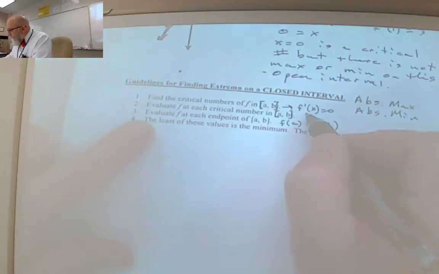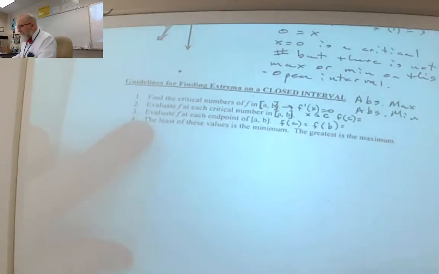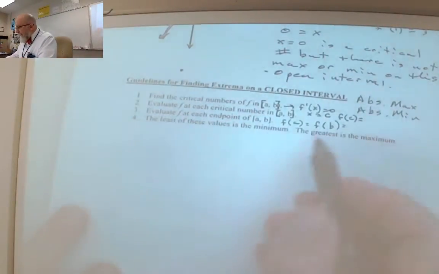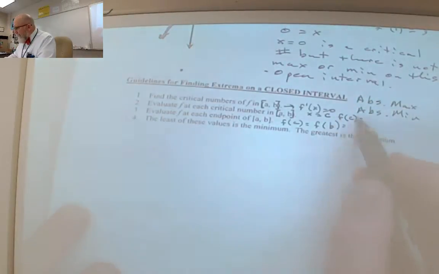Over here, you're going to get x is equal to some critical number I'll call c. You're going to plug that c into f. You're going to get a value. And whichever is the smallest of those numbers is going to be the minimum. Whichever of those y values is the biggest is going to be a maximum.